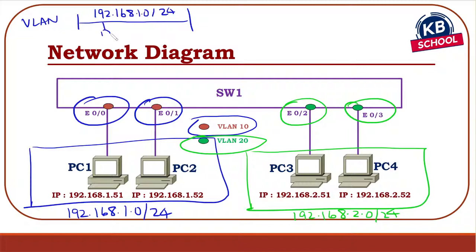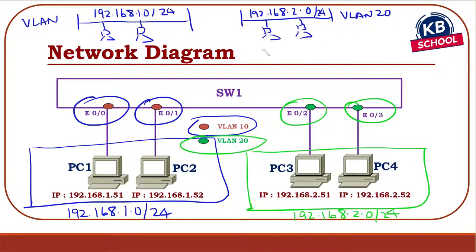It has two PCs connected on it. This is your logical layer 3 network. And I also have another segment, 192.168.2.0/24, which is VLAN 20, and this one has two PCs on them as well, which is PC3 and PC4. This one has PC1 and PC2 on it. So I have these two IP segments.